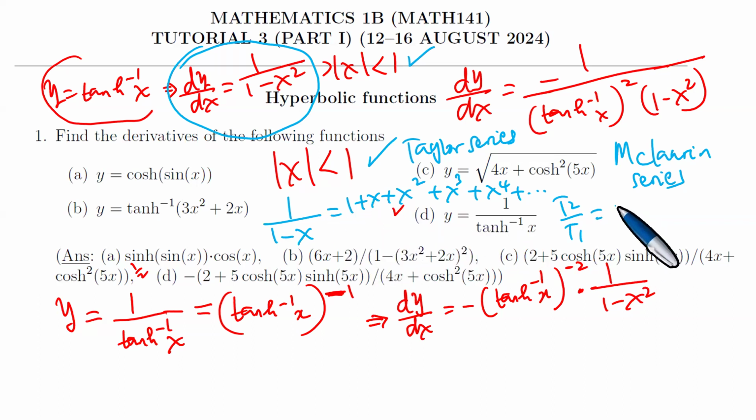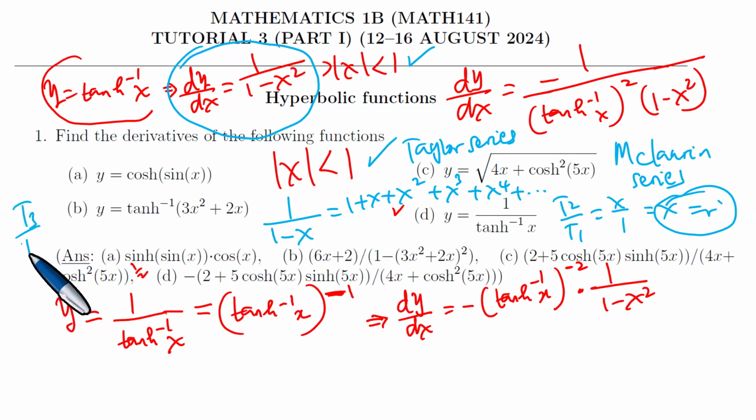T2 over T1, for instance, is going to be x over 1, which is exactly x, giving us the constant ratio x. It's not only T2 over T1, but we must also check T3 over T2. What is T3? It's x squared over x, and this is only x.